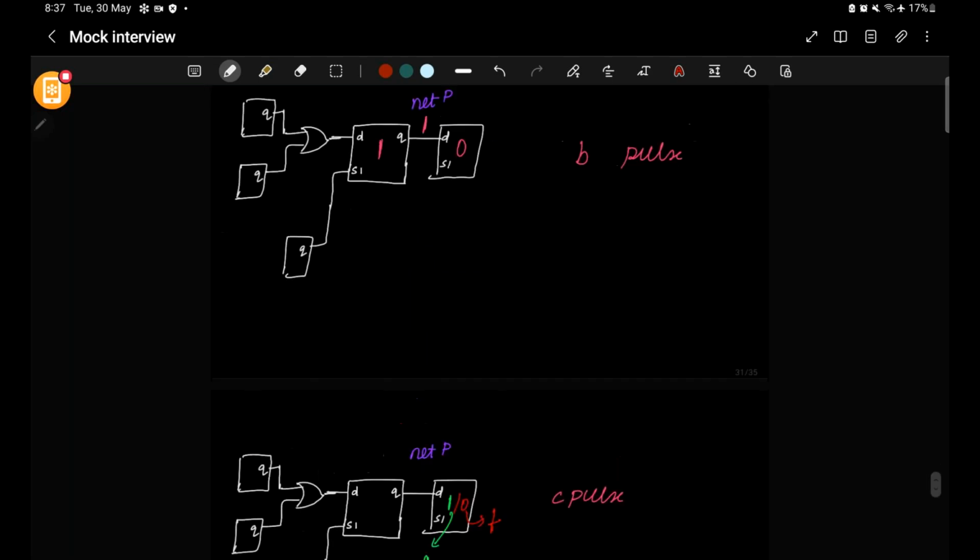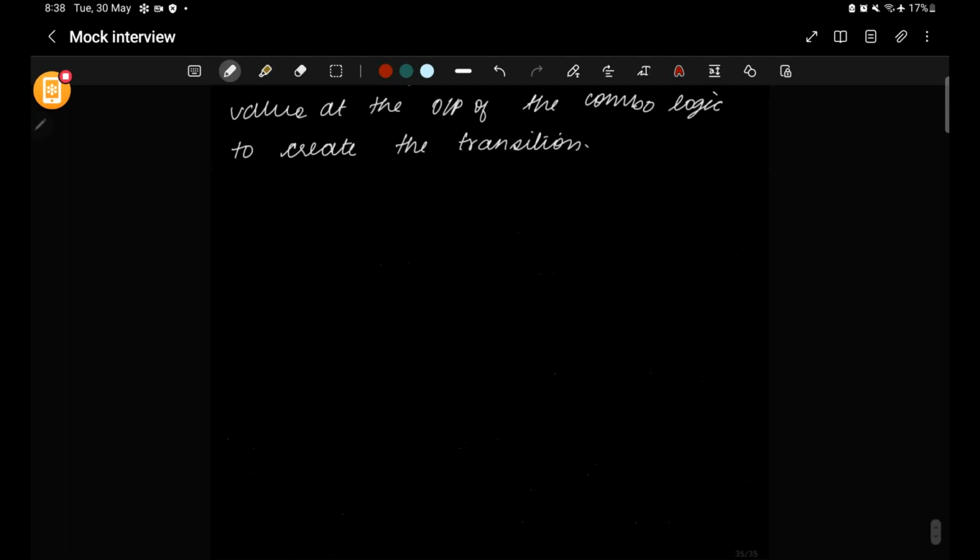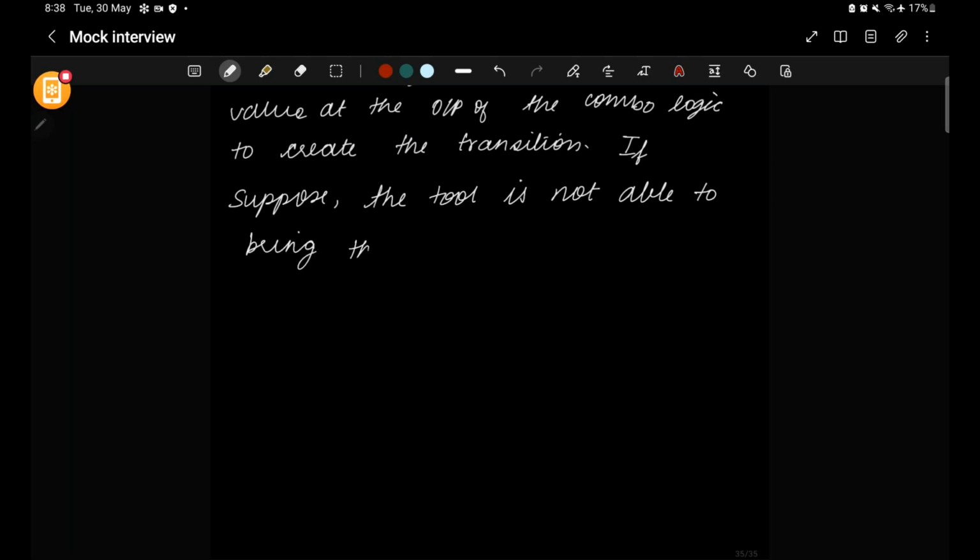Okay. So suppose the tool is not able to bring the appropriate value. Here in this case, it is a very small OR gate we have considered.